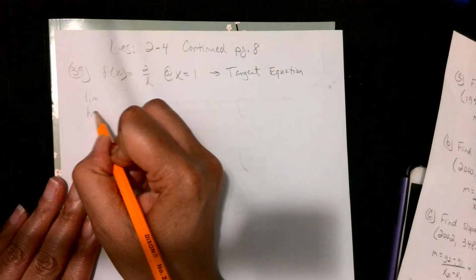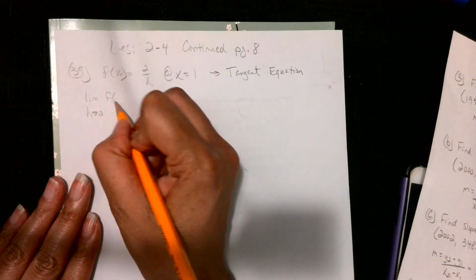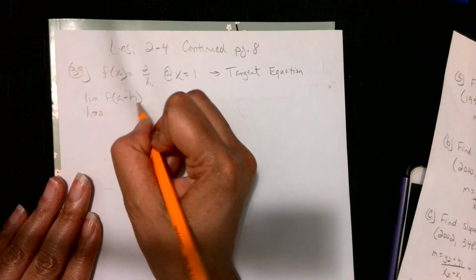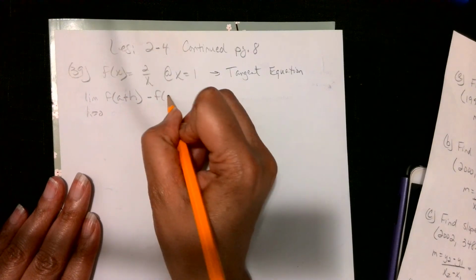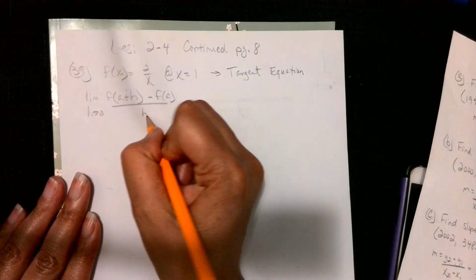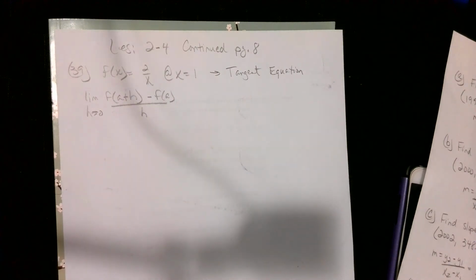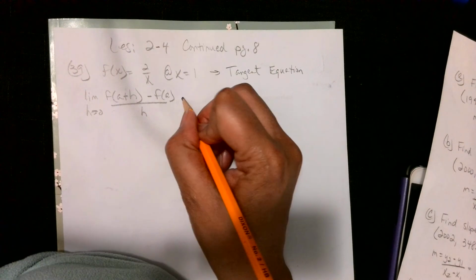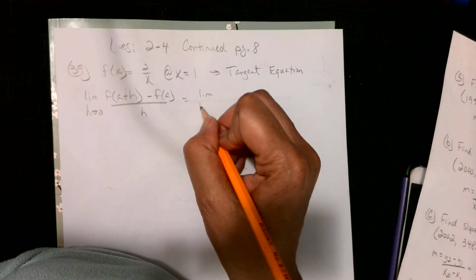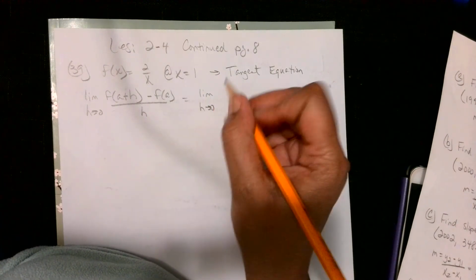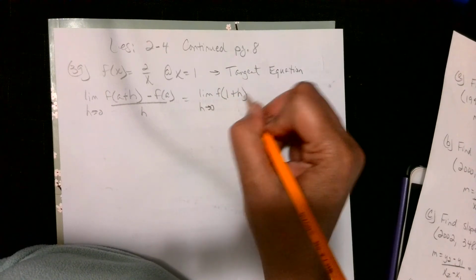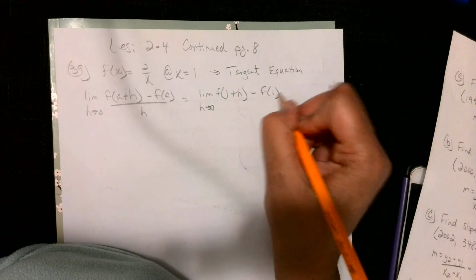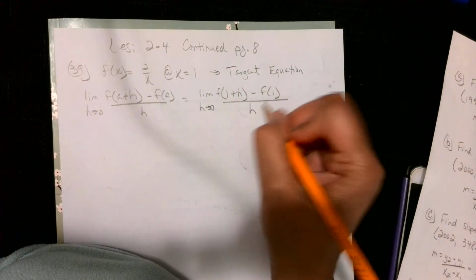The limit as h approaches 0 of f of a plus h minus f of a all over h. So we've done quite a few problems using this formula, so you should be comfortable. So this would be the limit as h approaches 0 of f of 1 plus h minus f of 1 all over h.